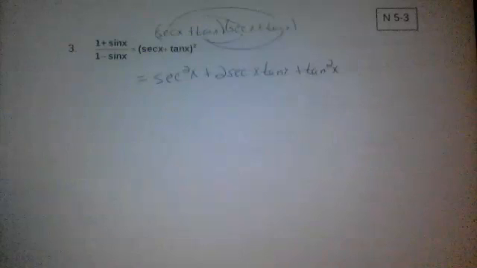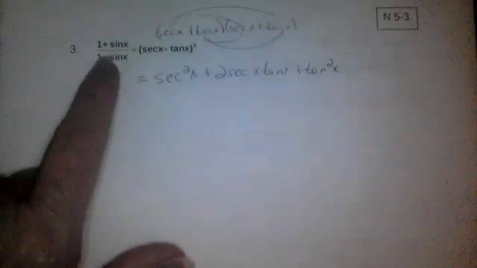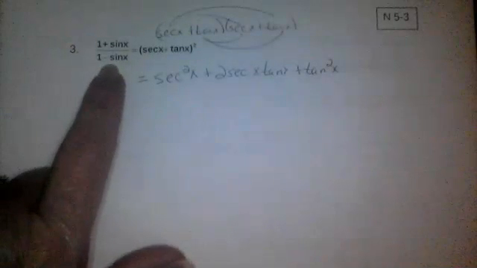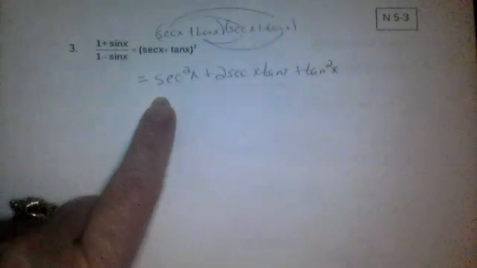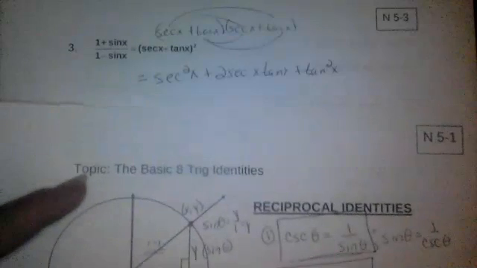Although we could probably work with this right-hand side a lot of different ways, I think because this left side has sines, I'm going to go ahead and change all this to sines and cosines, like we've been doing. So secant squared is going to be 1 over cosine squared.